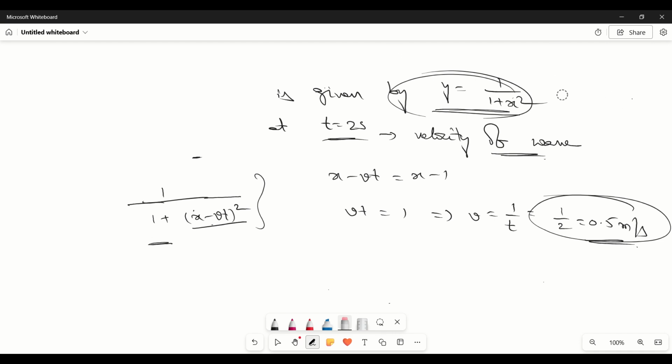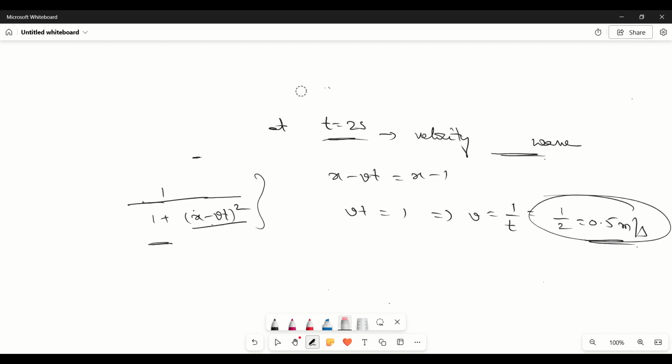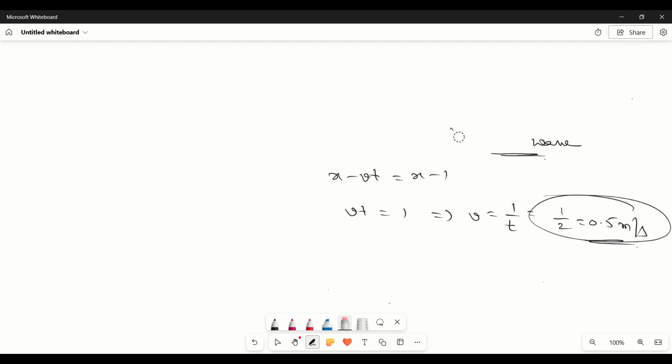Let's solve one more problem. A longitudinal progressive wave is given by y equal to 5 into 10 to the power of minus 2 sine pi, 400 meters.